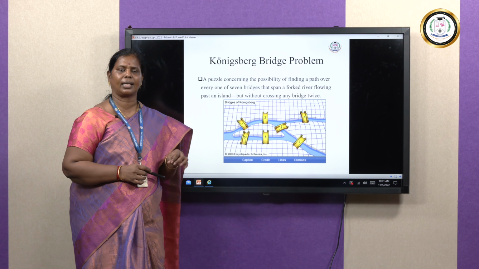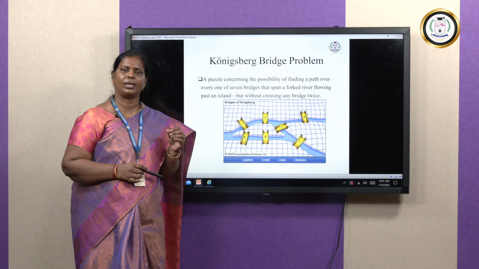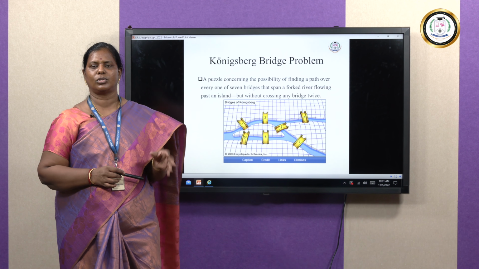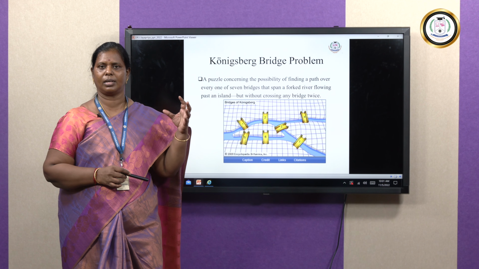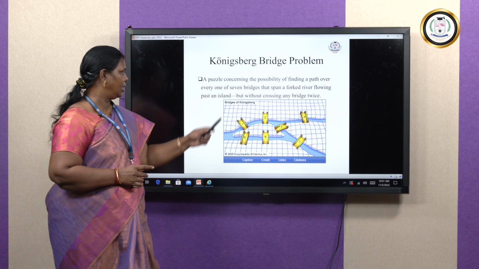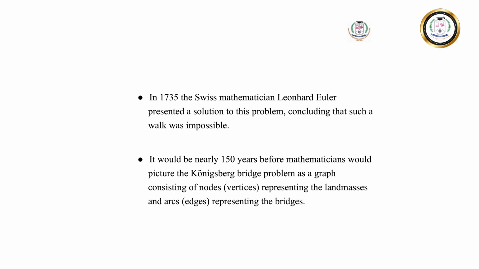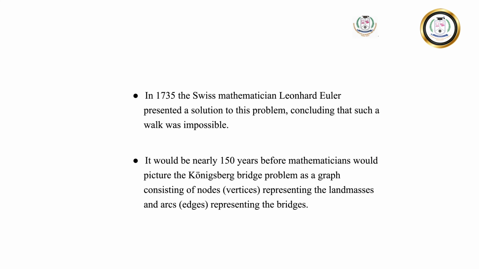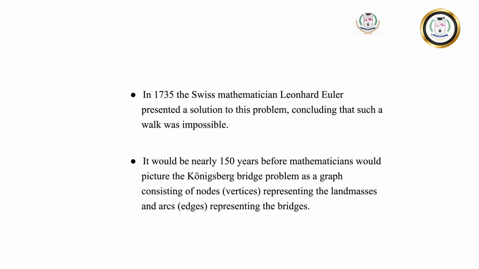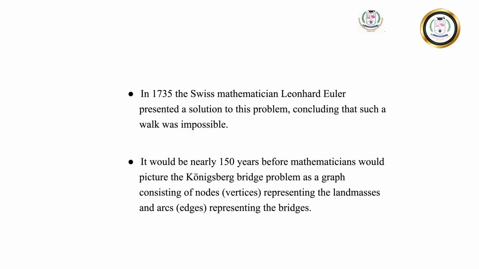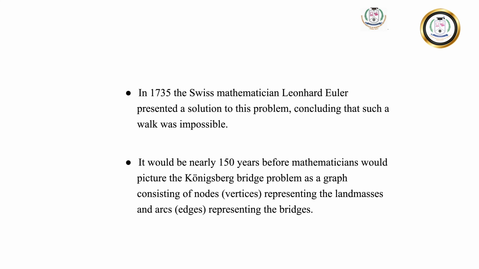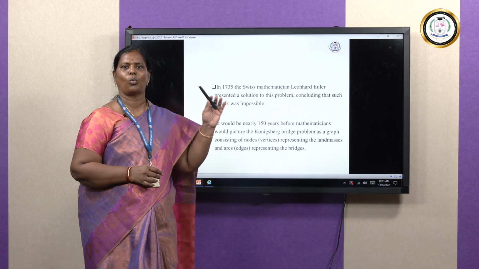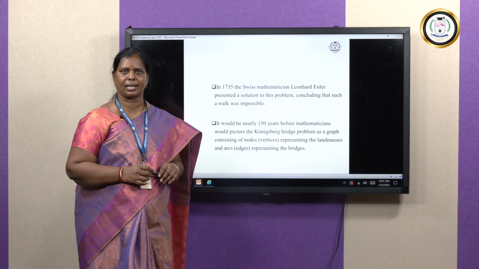Many people tried, and they said that they couldn't walk it. But what Leonhard Euler did, in the year 1735, the Swiss mathematician Leonhard Euler presented a solution for the problem, and he concluded that it's not possible to walk through all the bridges exactly once.